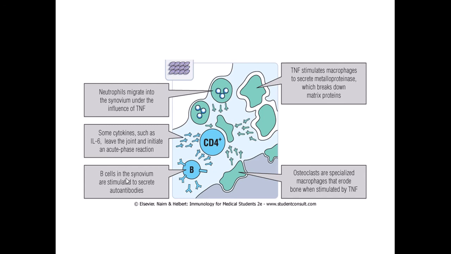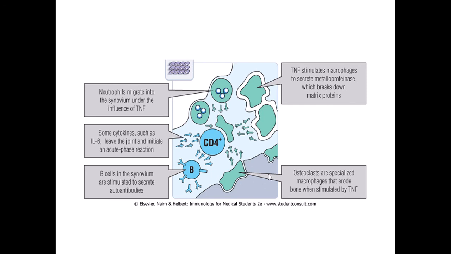Then the B cells in the synovium are usually stimulated to secrete autoantibodies. We call them the rheumatoid factors. So tumor necrosis factor then stimulates the macrophages to secrete an enzyme which we call metalloproteinase, which breaks down the matrix proteins.